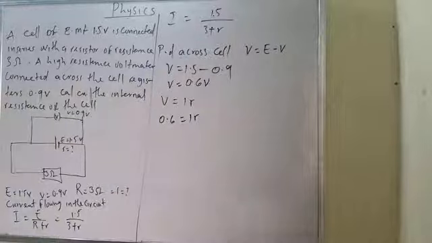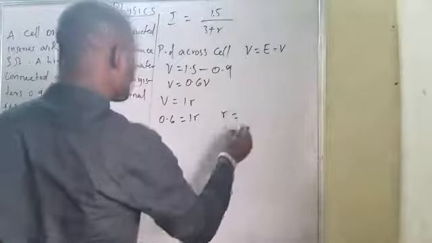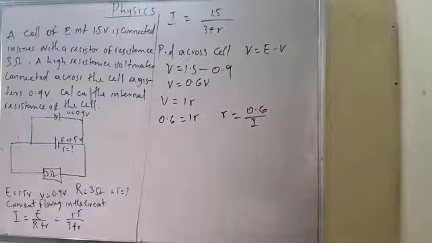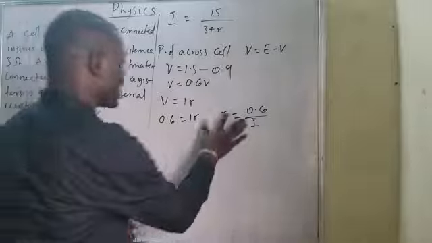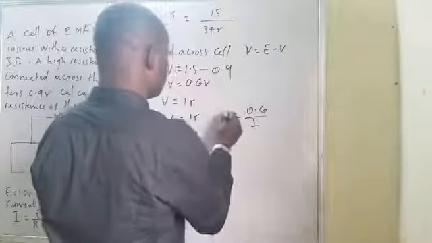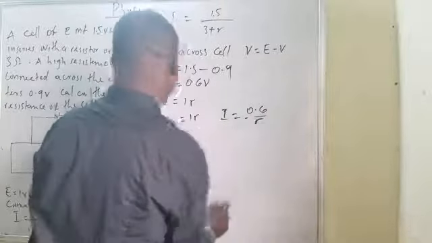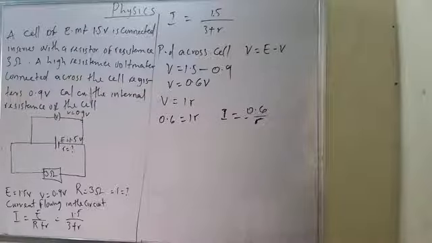It means from here, my I will be equal to 0.6 divided by r. Anyhow you want to do it.